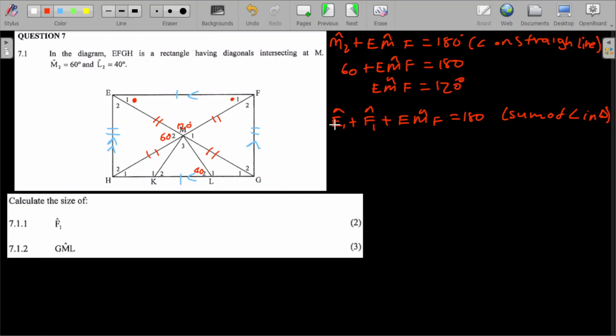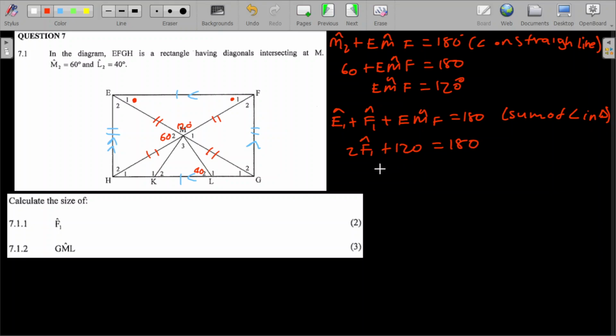Remember, this and this are the same, so since I'm looking for F1, I can say 2F1, because E1 is also F1, since these two sides are equal, plus 120 is equal to 180.